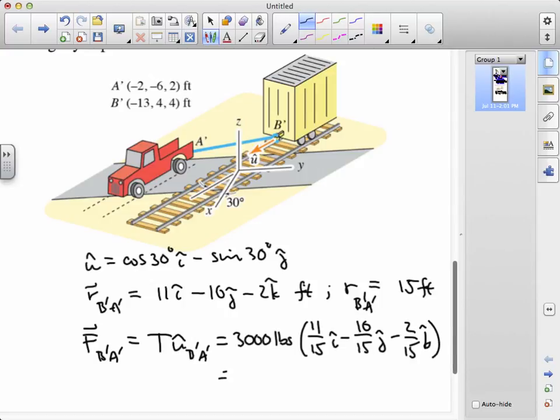And that turns out to be equal to 2,200 i minus 2,000 j minus 400 k pounds.